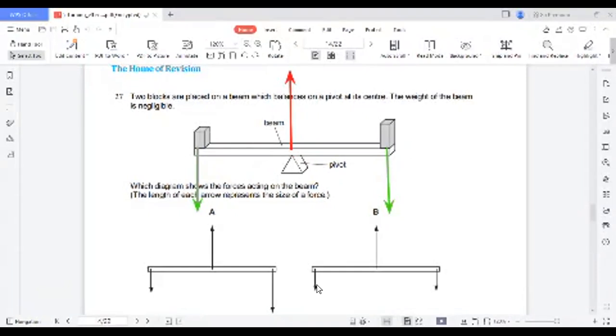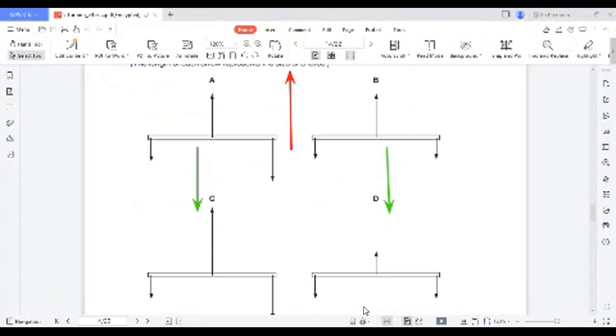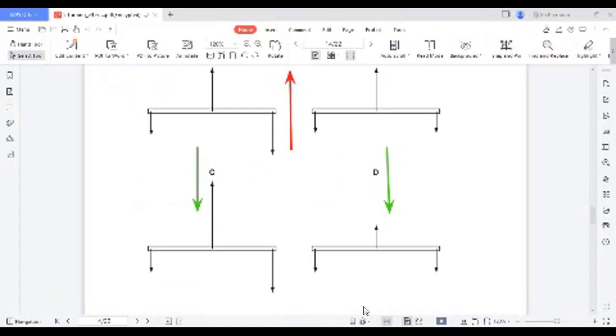Just look at option A. In option A, it's a normal force, that's fine. Look at the weight.